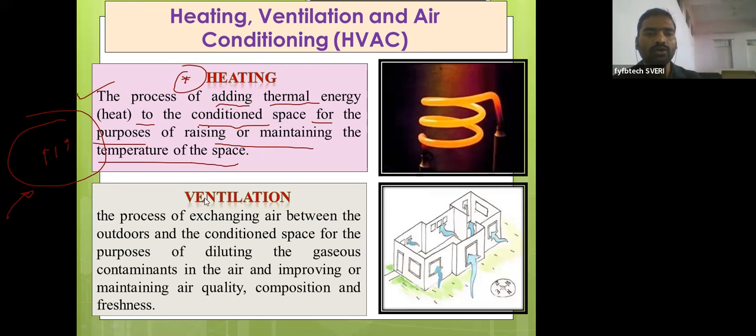Adding thermal energy or heat to the conditioned space, for the purpose of raising, R-A-I-S-I-N-G, raising or maintaining the temperature of the space.